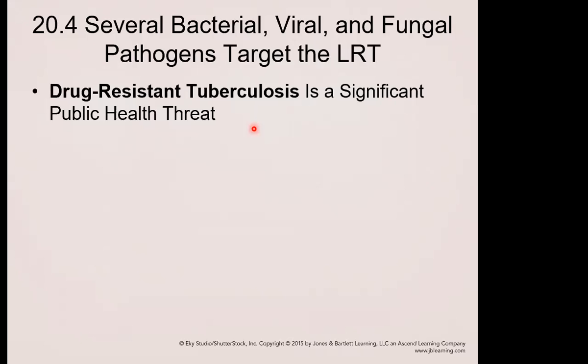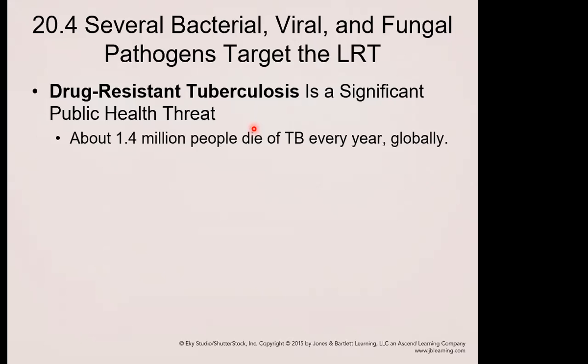All right, we're going to talk about tuberculosis for a minute. Do y'all remember if mycobacteria are gram-positive, gram-negative, or neither? Neither, right, they're acid-fast positive. So tuberculosis here in the United States isn't too big of an issue, but globally, it is a big problem.